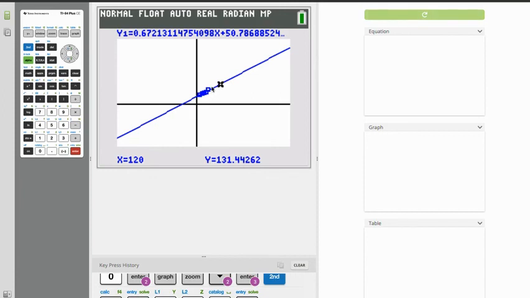This is extrapolation because you see all our data points are right here. We predicted outside. So this probably isn't very accurate, unless Mr. Natsky is super nice and gives you a ton of extra credit for spending extra time on class. But probably this 131% is a little high.